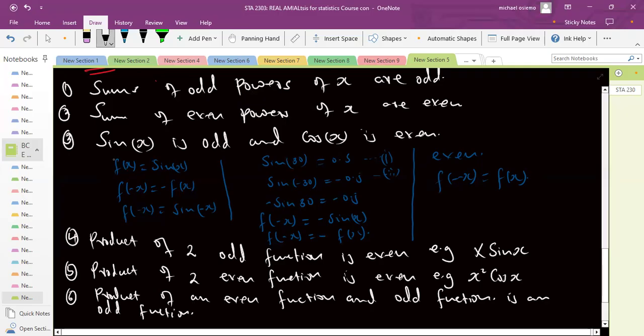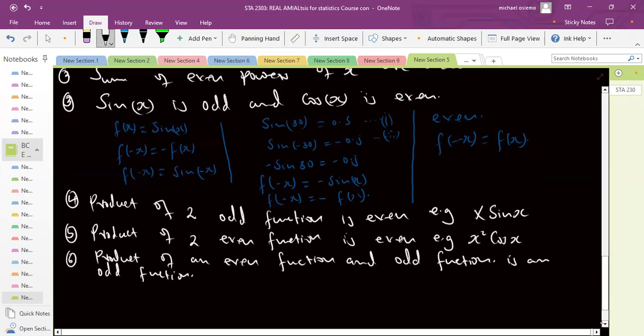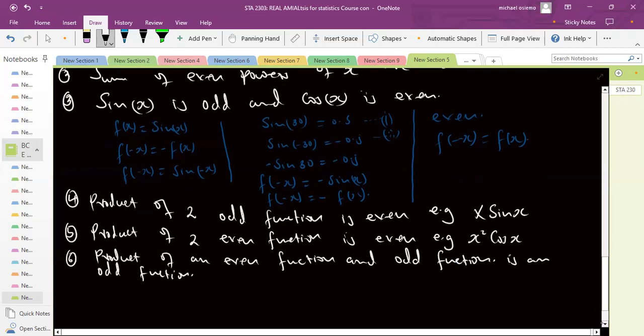For example, we know that sin x is an odd function and cos x is an even function. So if you have sin x multiplied by cos x, this one being odd and cos x being even, it will result in an odd function. So these are things that I want you to note before we proceed.